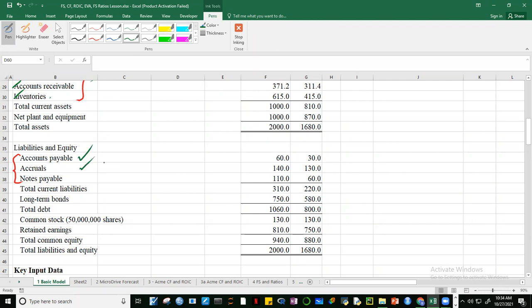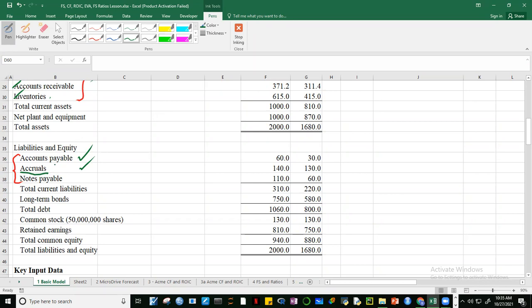Accruals, guys, is also part of your operations. What are accruals, by the way, guys? Anyone? What's an accrual? What did you learn in your accounting? Accruals are expenses that already have been incurred but not yet paid.